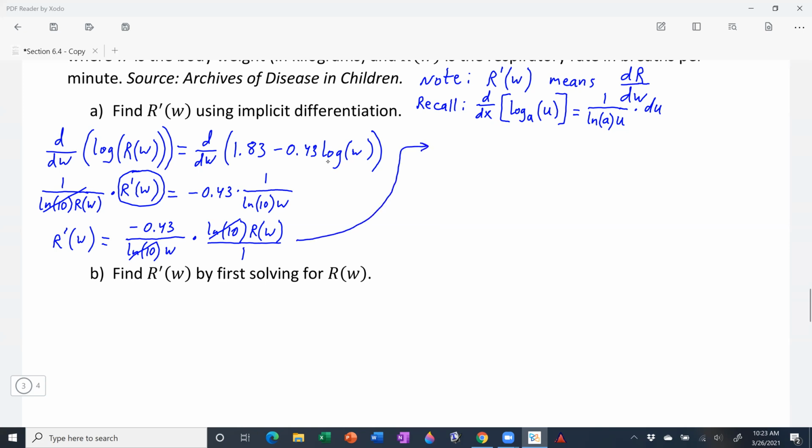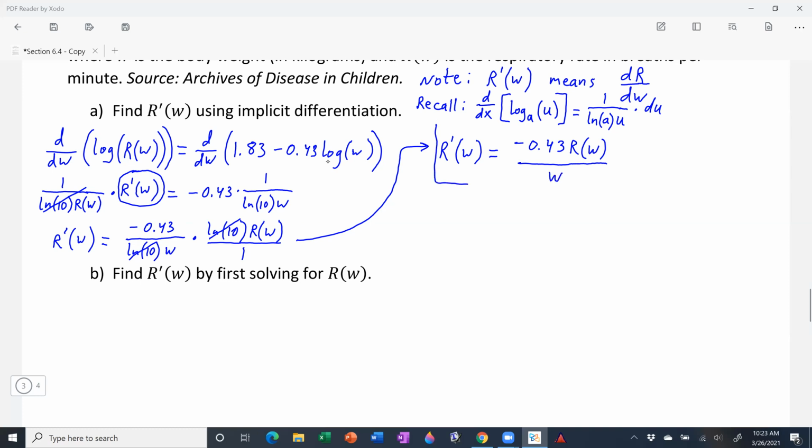We're going to have r prime of w equals, and we're just going to write this negative 0.43 and then there's this r of w that will be on top, r of w function that's on top. Divided by, and there's a w down there.